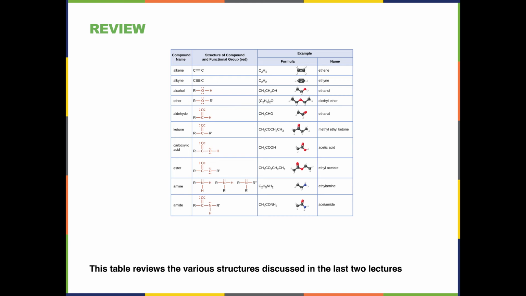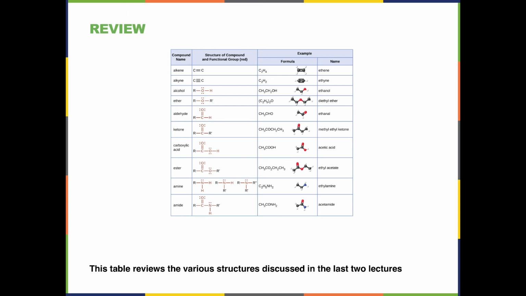If it's two carbons with an OH, then it's ethanol. If you have two carbons on either side of an oxygen, it's diethyl ether, or ethoxyethane. Remember, an aldehyde has a carbonyl group on the end, so it's ethanal.